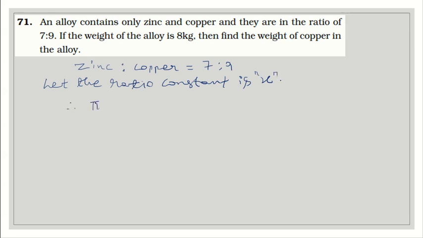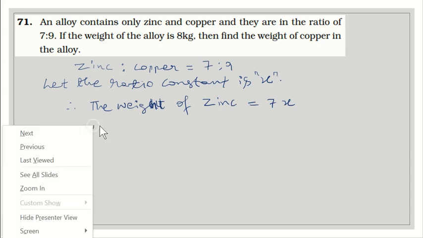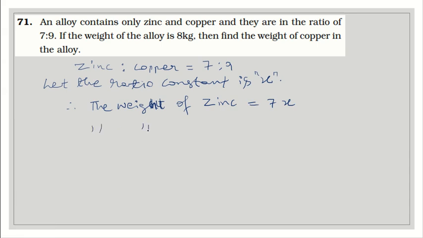Therefore, the weight of zinc is 7x and the weight of copper is 9x because of the ratio constant.